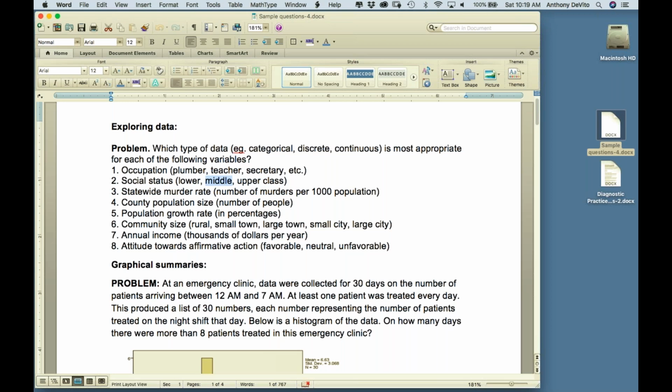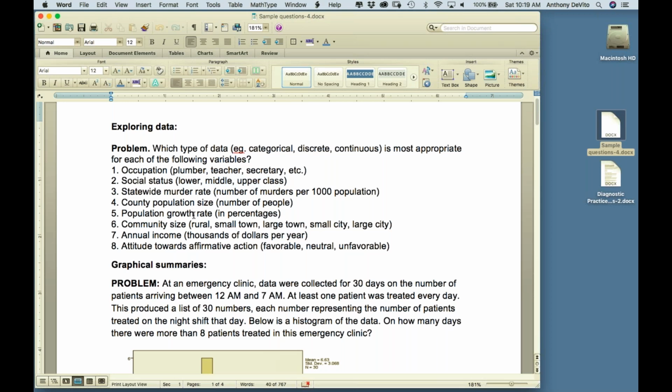Everybody's got a different definition. But most people would agree that there's a difference between lower, middle, and upper class, that one is higher than the other or lower than the other. It has order, but we can't really define exactly what the differences are. Not everyone agrees on it, right? So that would be an ordinal variable, a special version of a categorical variable called ordinal.